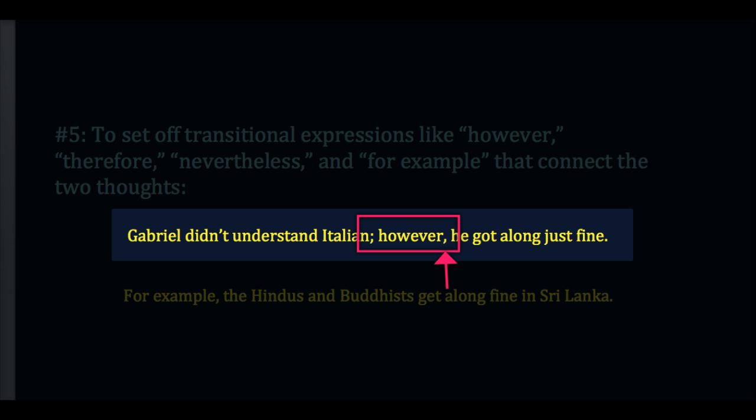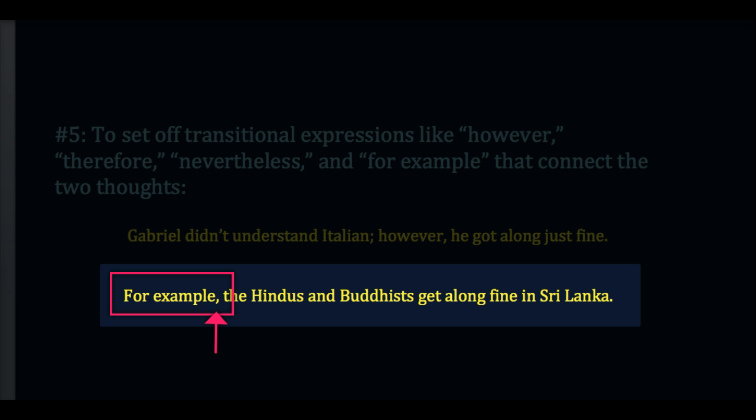However is a transition between the two thoughts. A semicolon before is a good choice. The comma after is required. Next one. For example, the Hindus and the Buddhists get along fine in Sri Lanka. Okay, there's a sentence before this that this sentence now is exemplifying. So the phrase, for example, you separate it with a comma.